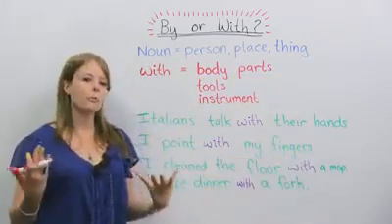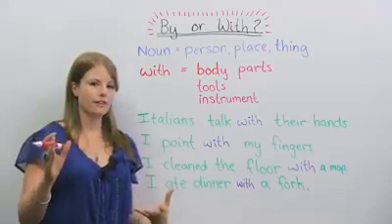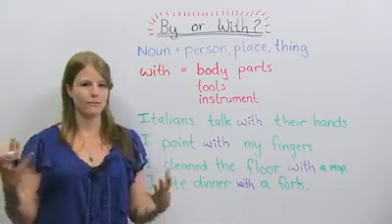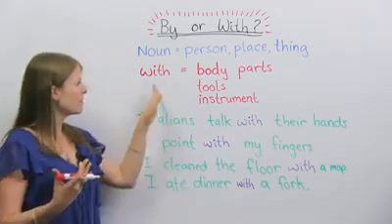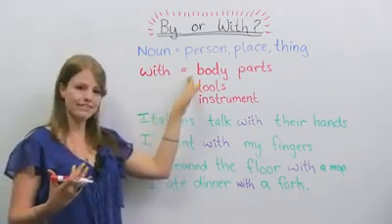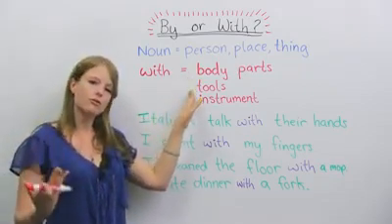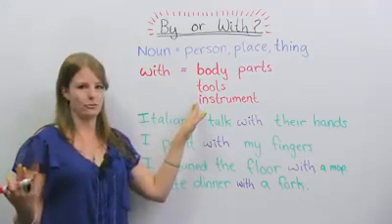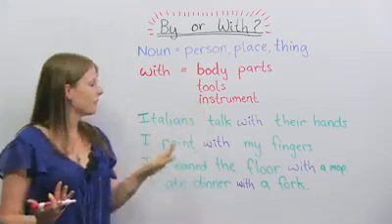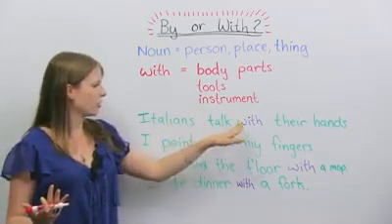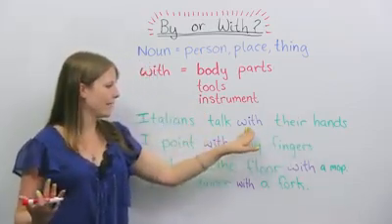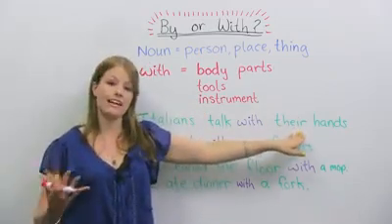And we usually use "with," and again, I'm saying usually because there's a lot of other cases we use it, but this is the main rule. We use "with" with body parts, when we're talking about tools or different instruments, okay? So for example, Italians talk with their hands. So we have "with" here, and we have a body part, hands.